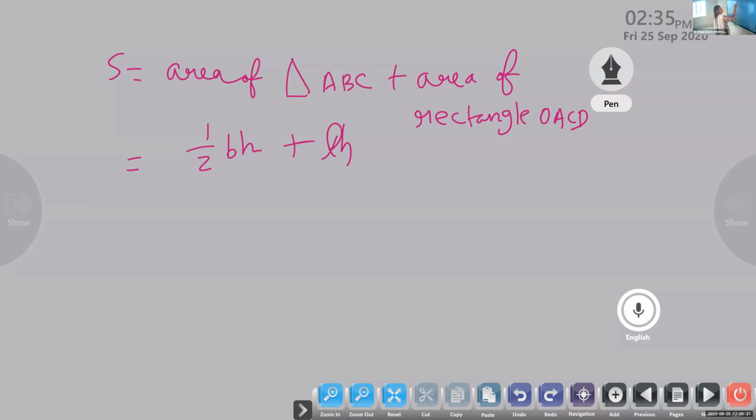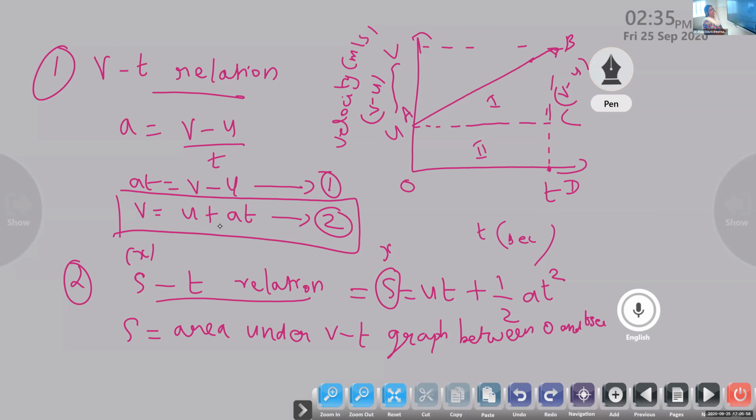Okay. So now we are going to substitute from the graph. What is B, what is H? So S is here, half BH. Go back to the graph again.